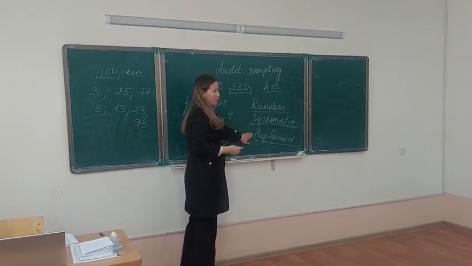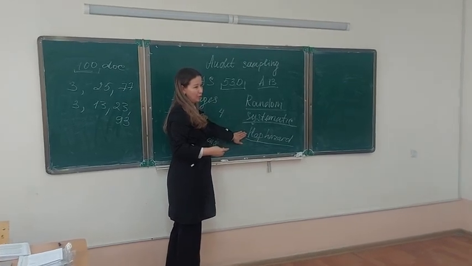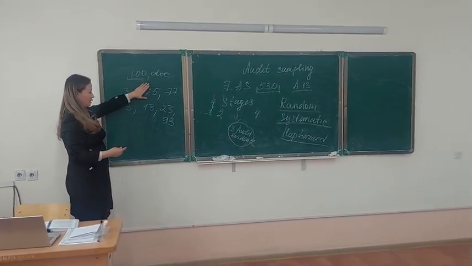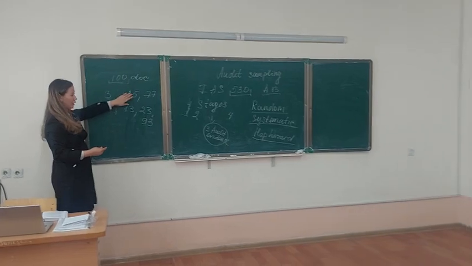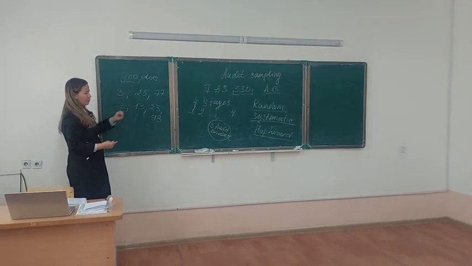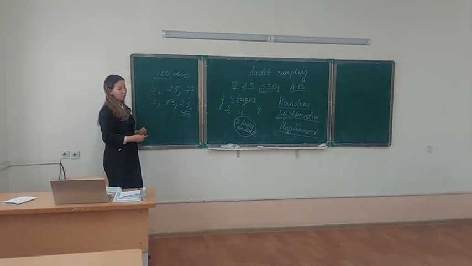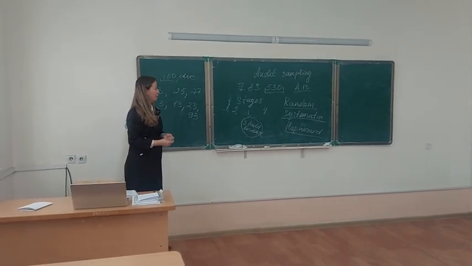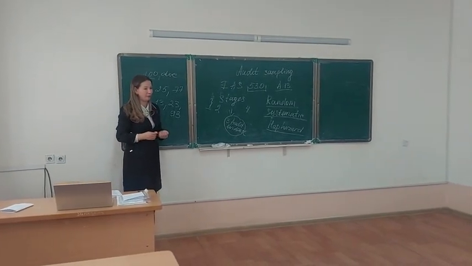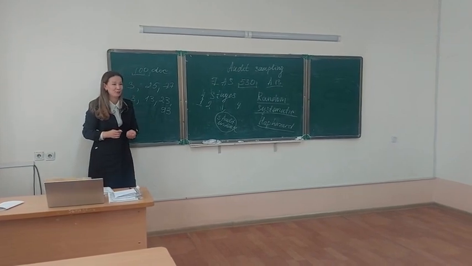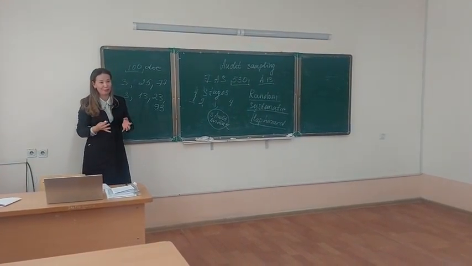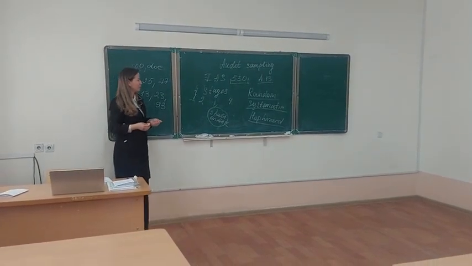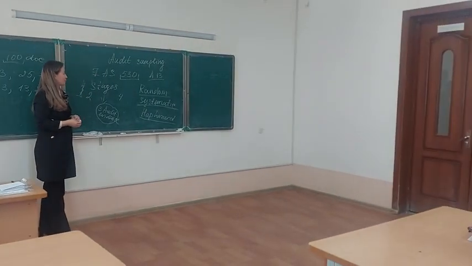When we use haphazard audit sampling, we can use the random approach and we can also select with a systematic approach. So these are the main ideas of our today's lecture, audit sampling.